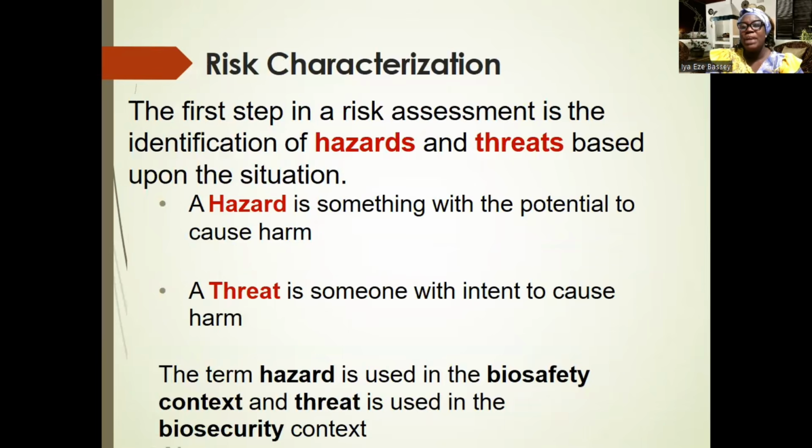So the first step in your risk assessment is to be able to identify your hazards or your threats based on the situation. For instance, your hazard this time around is the biological material that has the potential to cause harm, or the toxin that has the potential to cause harm, while the threat is a person with an intent to cause harm.